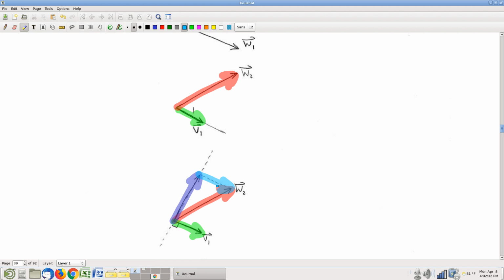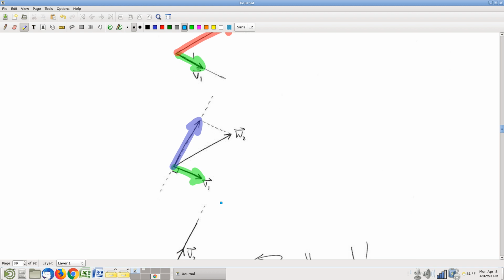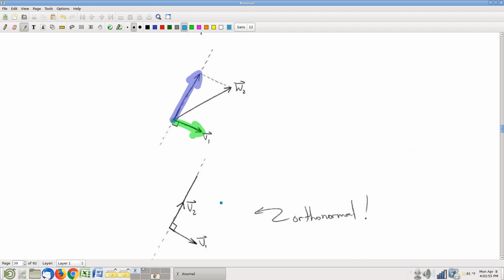Turns out that we can totally write down a formula for this light blue vector. It's not that big of a deal. And once having identified the part of W2 that we don't like, throwing it away results in something that we do like. So there's details to discuss, but we're going to do that. We're going to find this purple vector there, and of course, what I don't like about that purple vector is that it's not a unit vector.